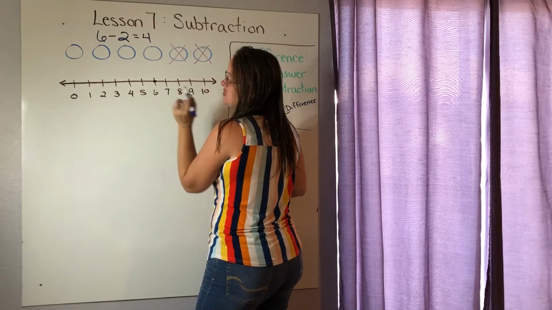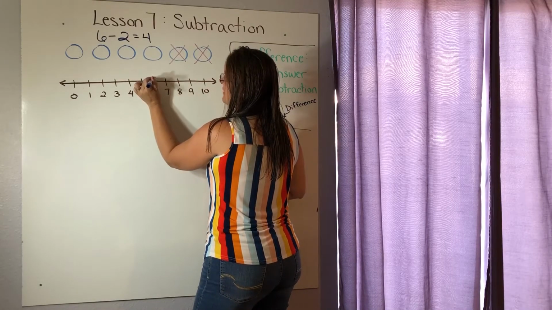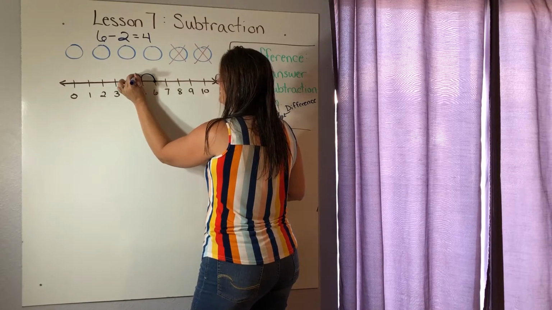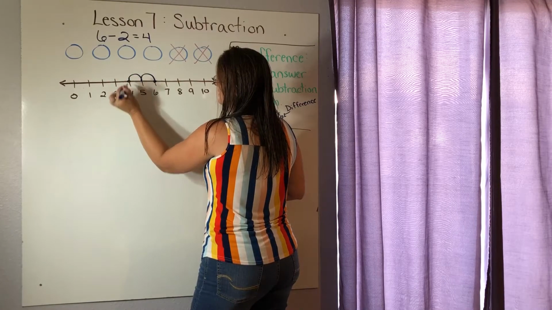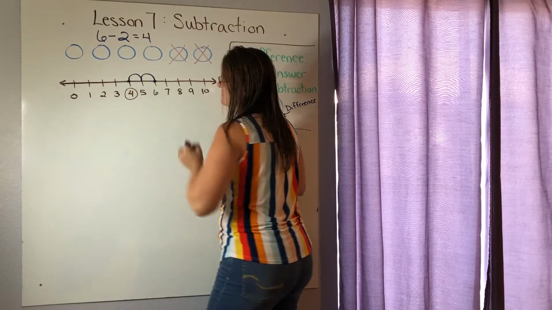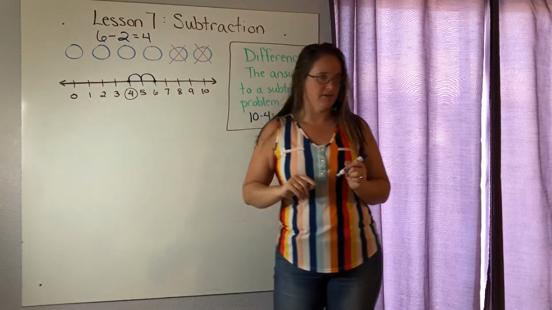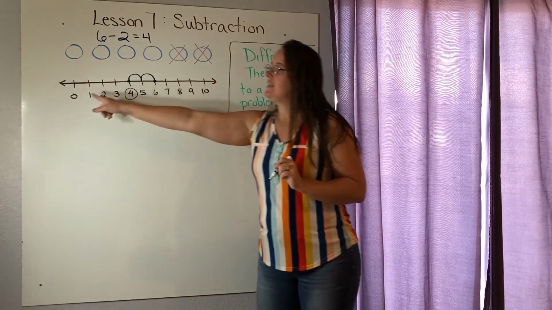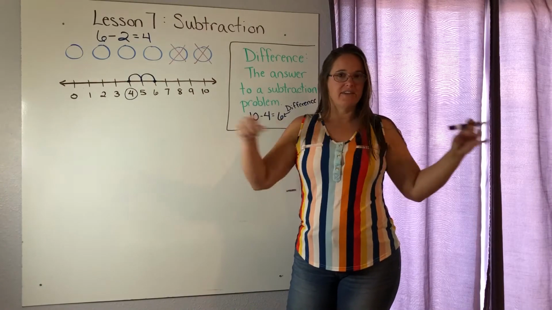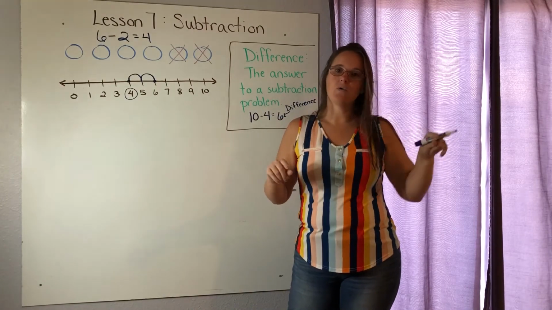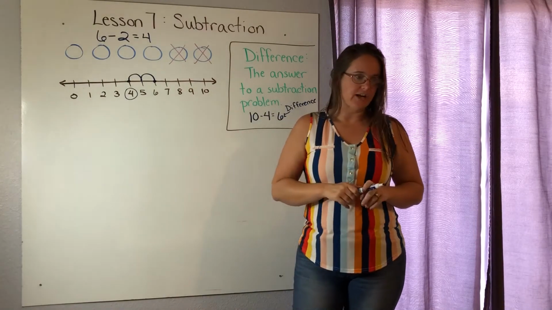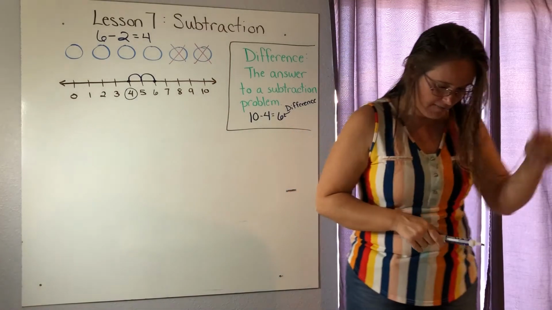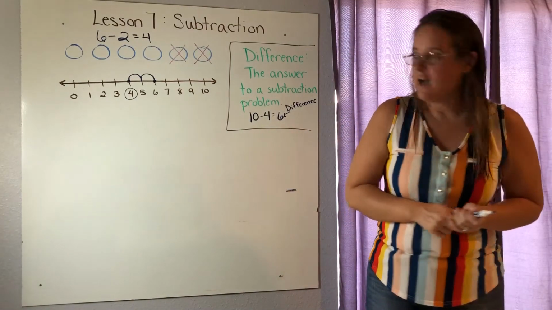And I'm taking away 2, so I'll make 2 jumps. That's minus 1, that's minus 2, and I can see that my answer is 4, just like it was up here with the marbles. So a number line is another way. If you have a number line at home that you're using, you can quickly do some simple subtraction problems with that. Okay? All right.